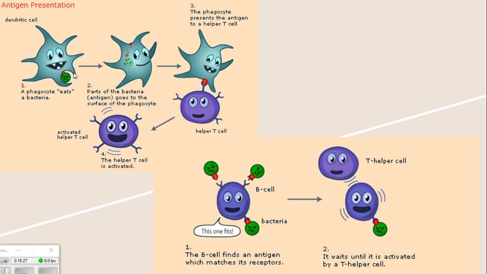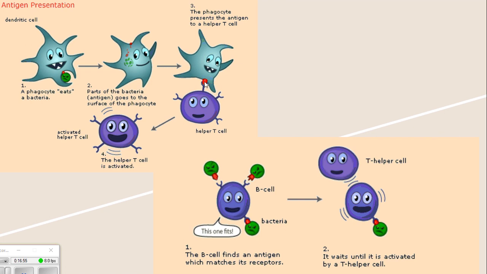Once inside the cell, that endosome will fuse with a lysosome. It'll break down the bacteria. And then the contents within that lysosome will be processed, and the protein portions will be moved to the cell surface and presented on the cell membrane.